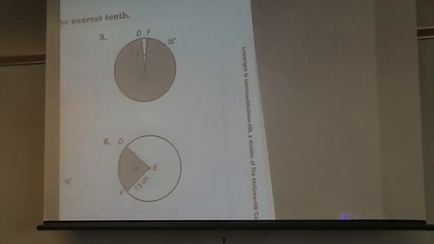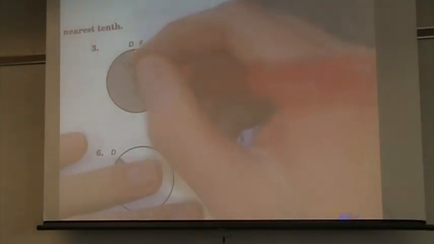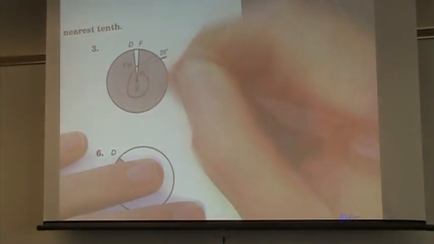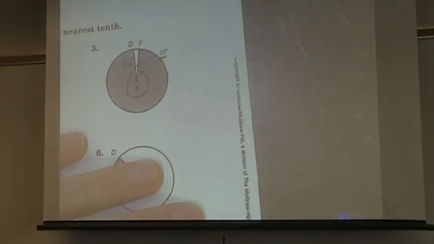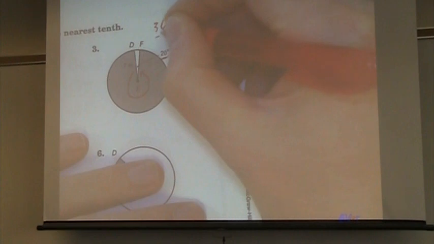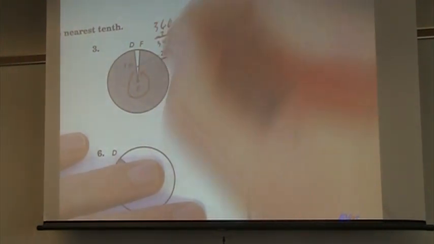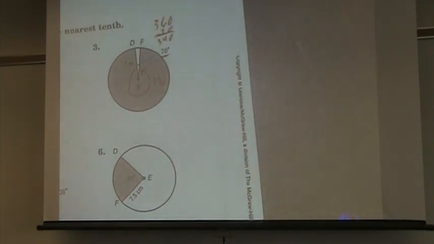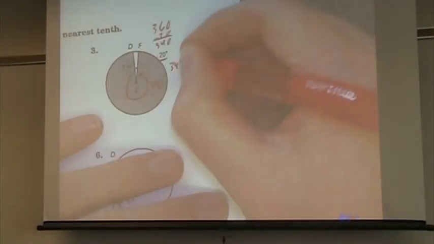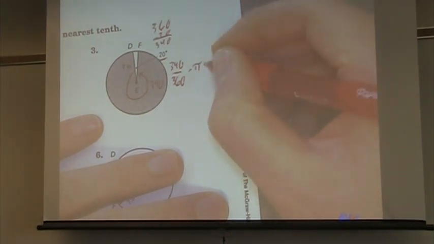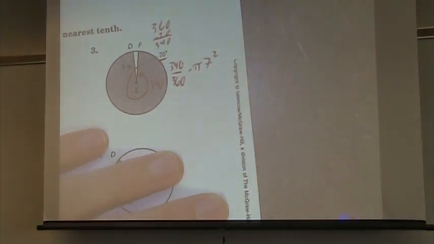It looks confusing, but you do the same process. You need to find your central angle of the shaded region, which is all the way around. You're given a 20. Remember, a circle has 360 degrees. So if you go 360 minus 20, you get 340. And if you get 340, now you go 340 over 360 times pi r, that's 7 squared.